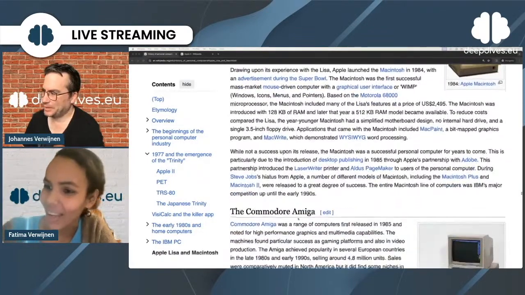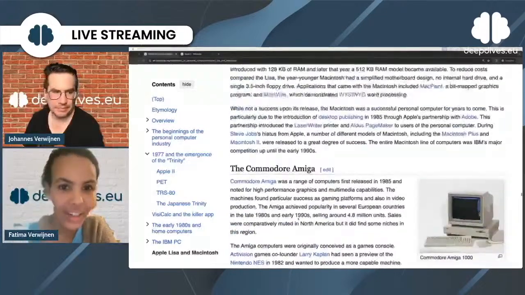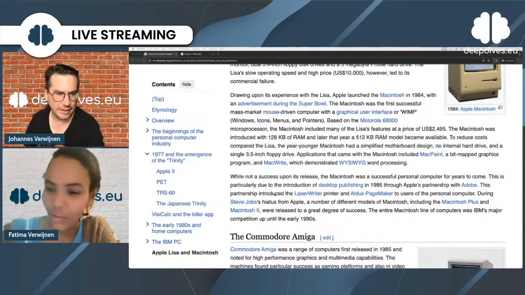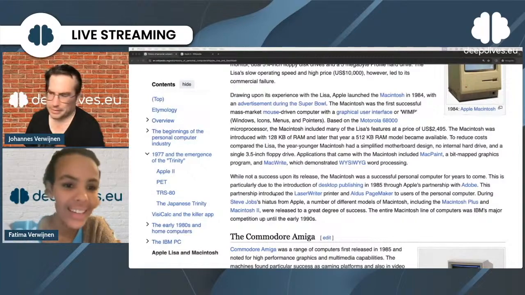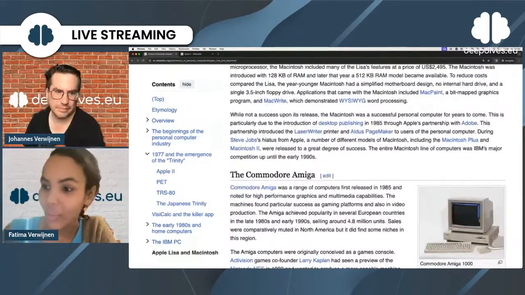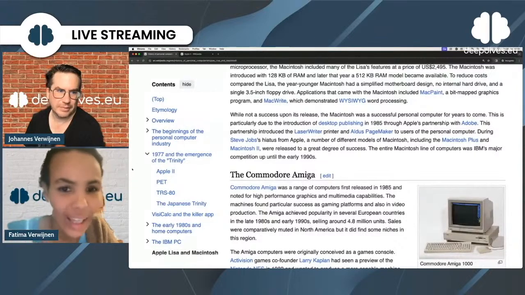Yeah. Okay, and then continuing forward to 1989, and Windows 1.1 for the PC. Can we say that PC is short for personal computer?